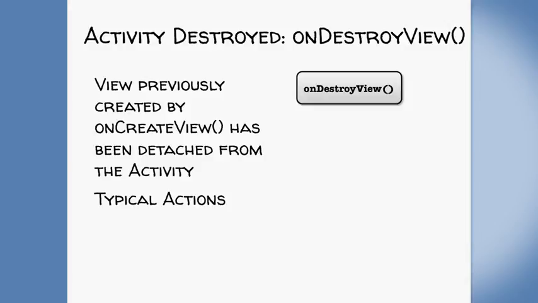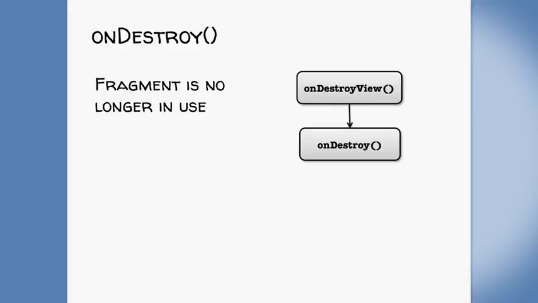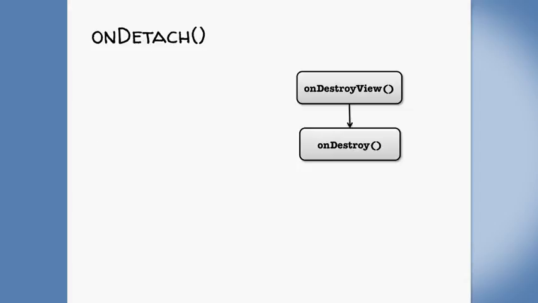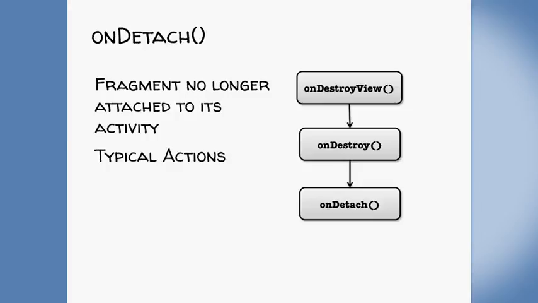And here you can do things like clean up resources associated with the view. Next, when the fragment is no longer in use, it receives a call to its onDestroy method. And here you can do things like release fragment resources. Next, when the fragment is no longer attached to its hosting activity, it will receive a call to onDetach. And here you might do things like null out references to the fragment's hosting activity.